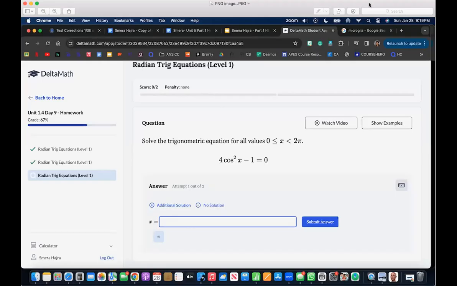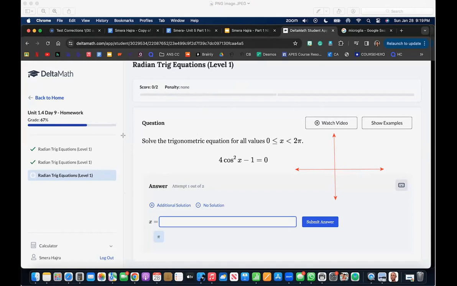All right, solve this trig equation for all these values here. The first thing, again, I'm going to try to solve the equation. This step is important because it gets you a general idea of what's happening. But also you have to remember all the other things that might be happening in it.